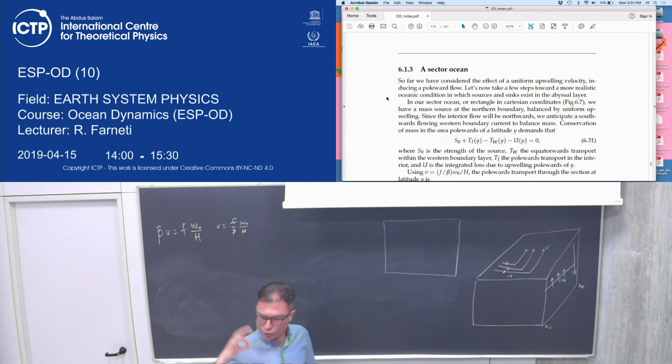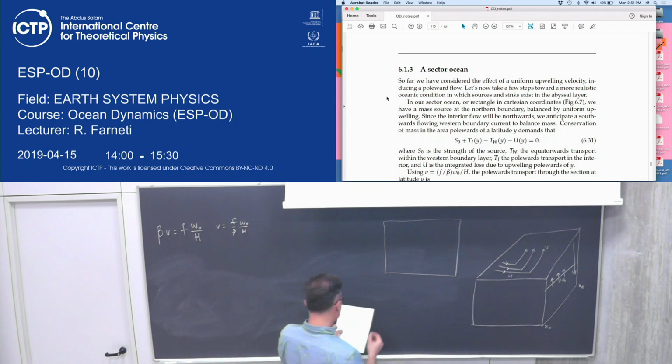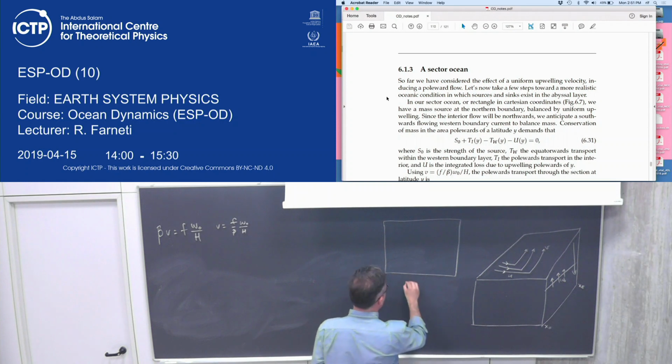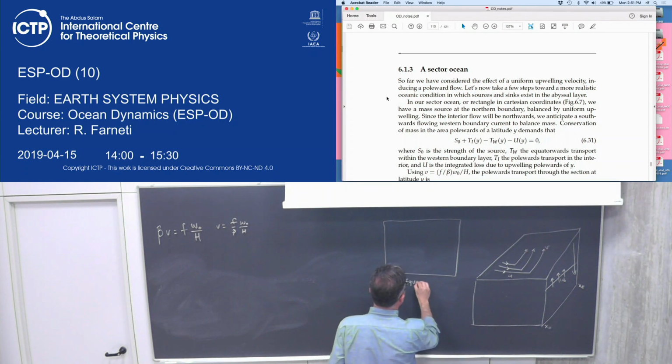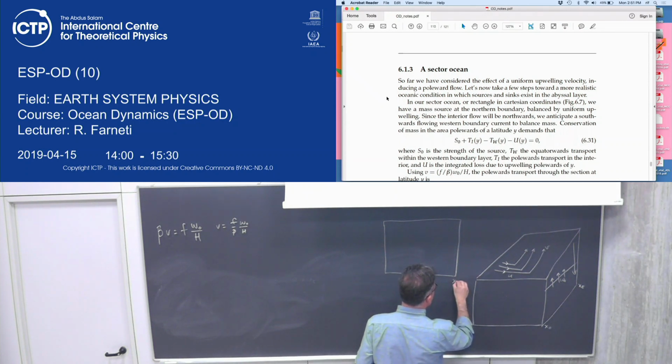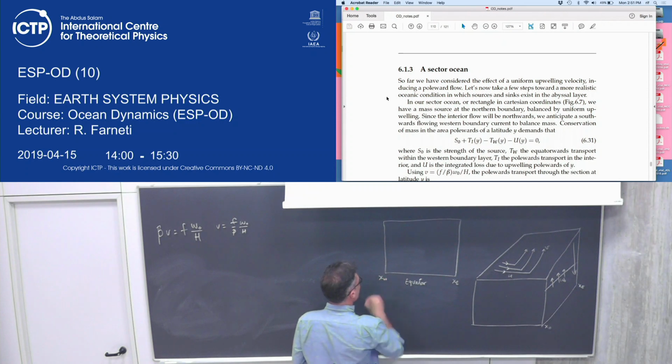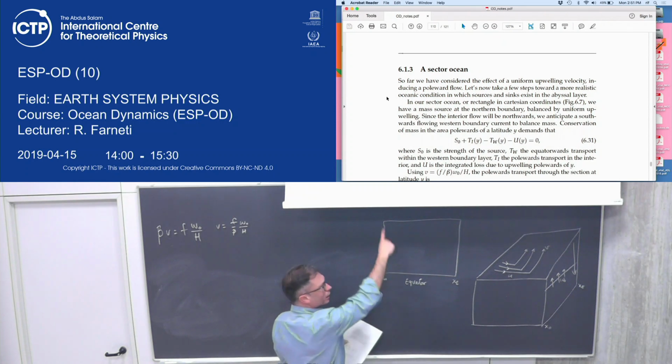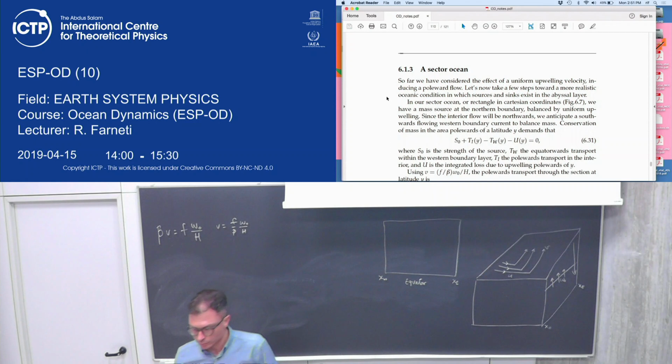So now we're looking at the ocean from the top. Okay. So we have the equator here at the bottom. Then we have x east, x west, and then y is the abscissa.